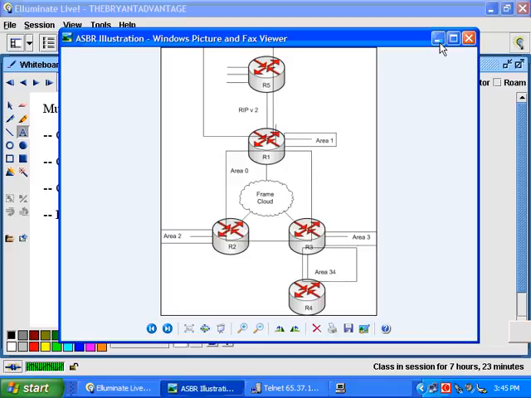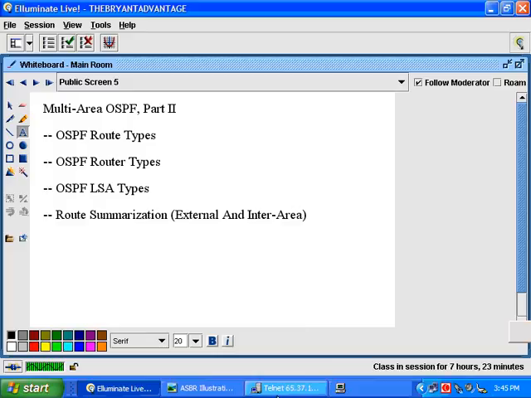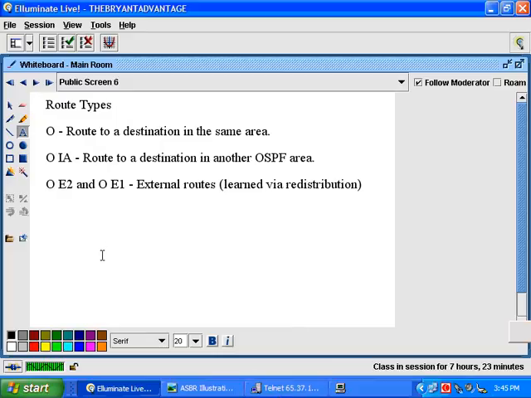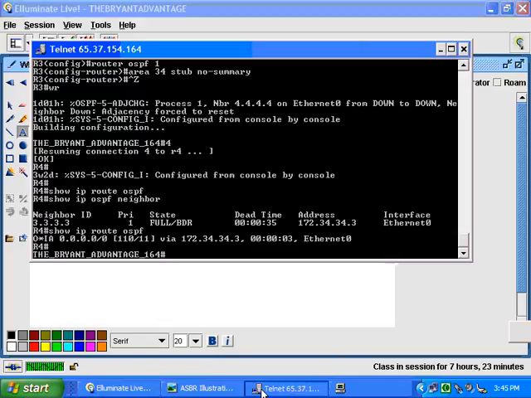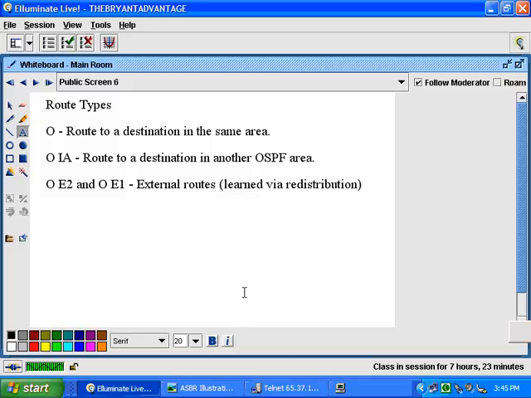So, having said that then, let's take a look at our network as we go into a discussion of OSPF route types. And boy, that description just looks so innocent, doesn't it? Let's actually bring that back up. With OSPF route types, by definition, an OSPF destination network can only be in one of 3 places.